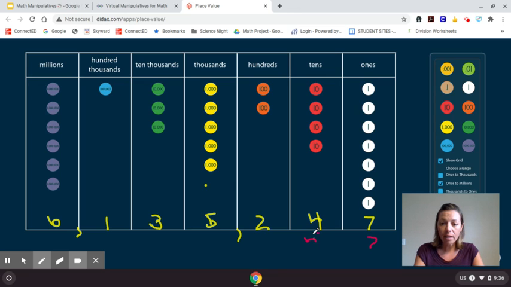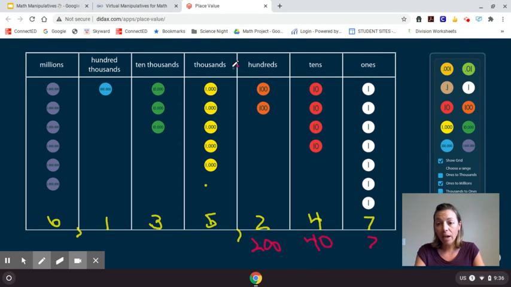So we're going to write 40 for its value. The digit might be 4 discs, but they're actually worth 40. In the hundreds column, we have to count by hundreds. 100, 200. So again, the value of the digit is 200.